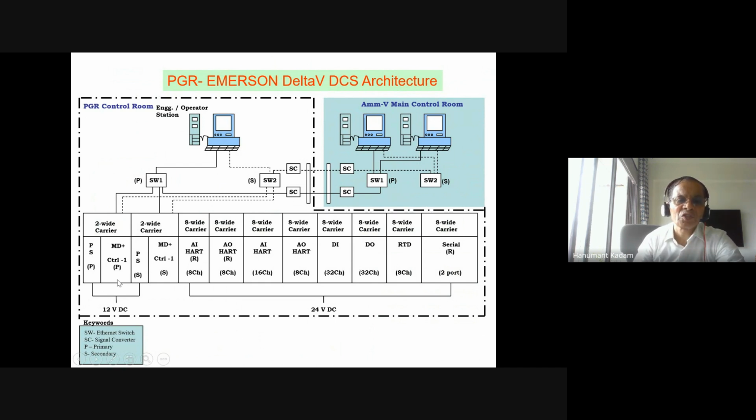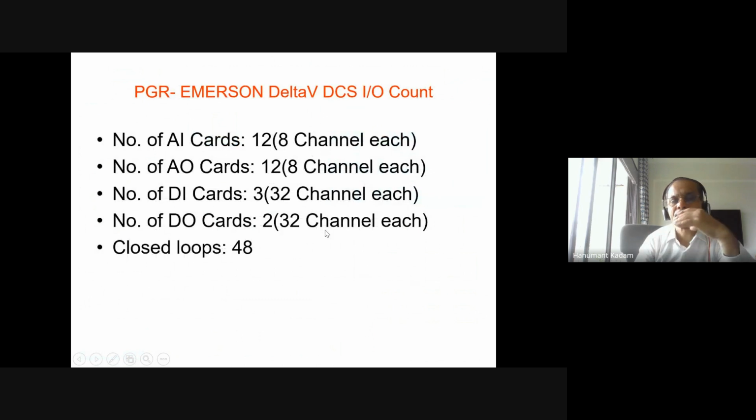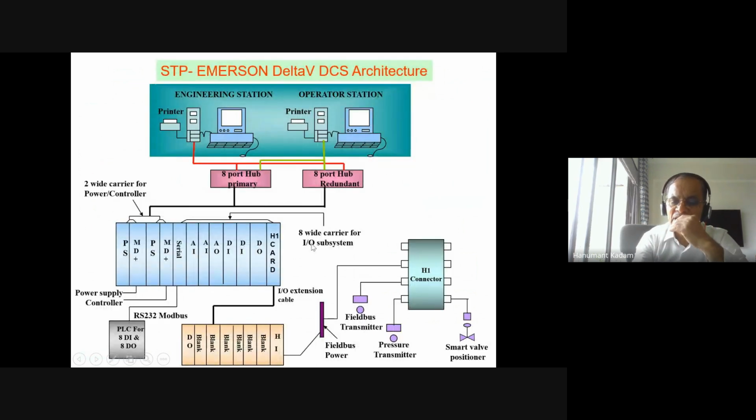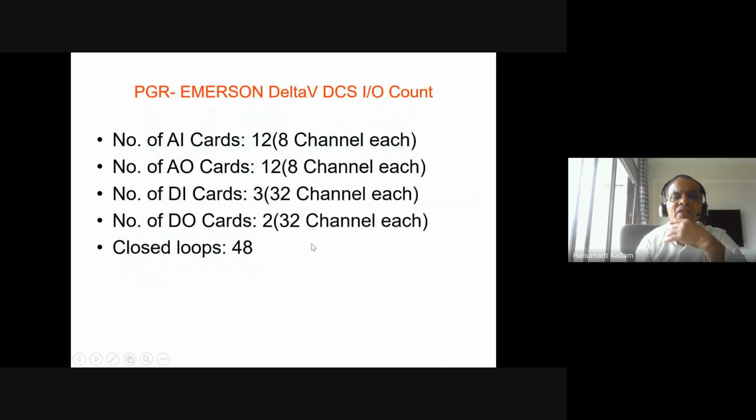The cards used in the argon plant are shown here. This is the ammonia main controller. I'm just showing how the control network is extended through fiber optic. So these are the fiber optic interfaces, signal converters. I discussed this yesterday, but I'm just referring to it.